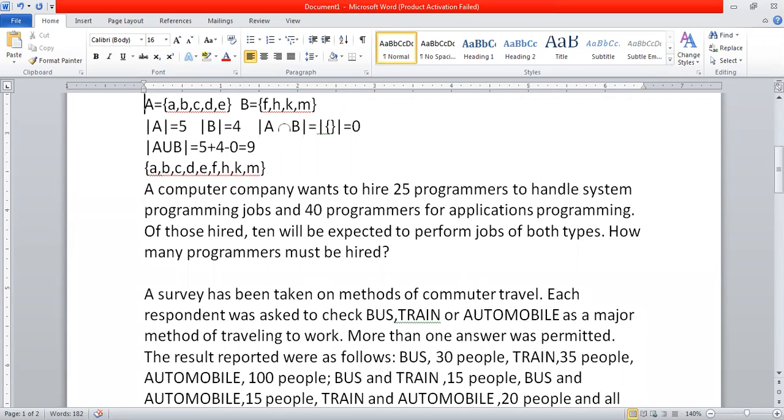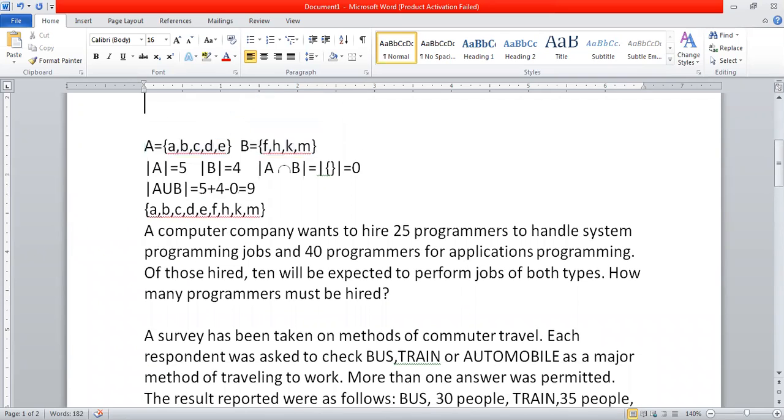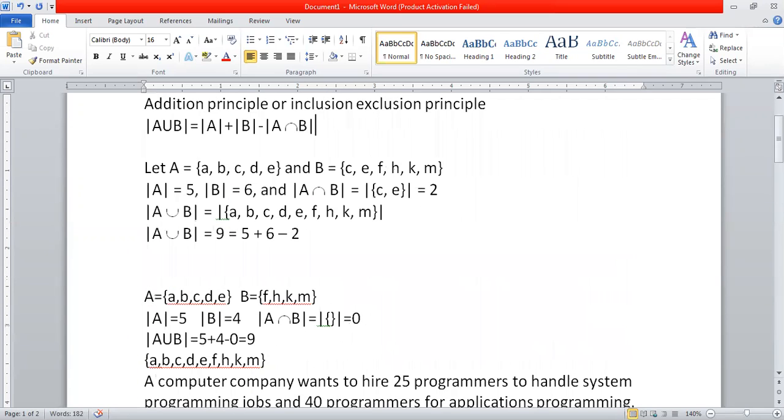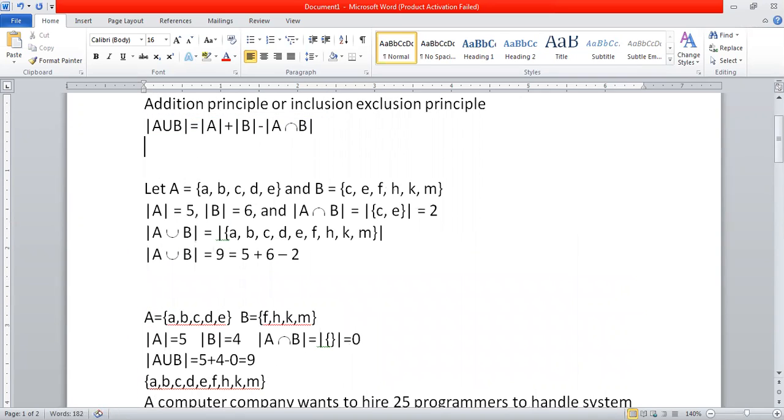यहाँ पर कितने sets थे? 2 sets थे, तो 2 set के लिए हमने what is the formula we have derived? This is the formula for 2 sets. Now suppose if we have 3 sets, then what will be the formula for 3 sets? It is A, B, C 3 sets.